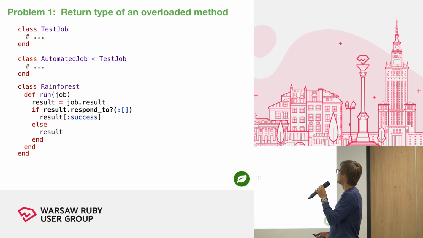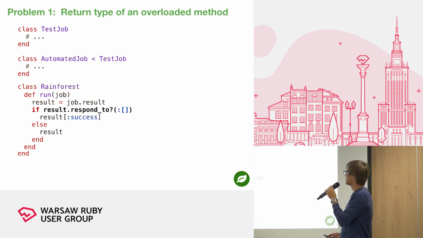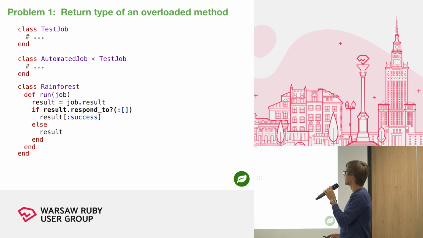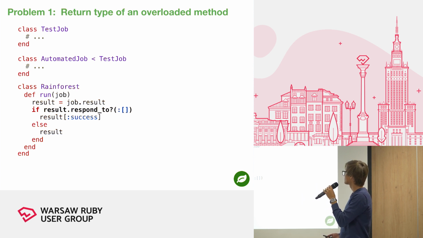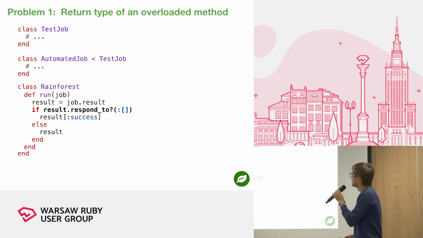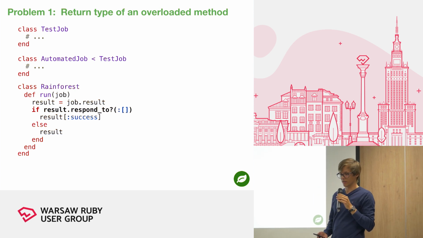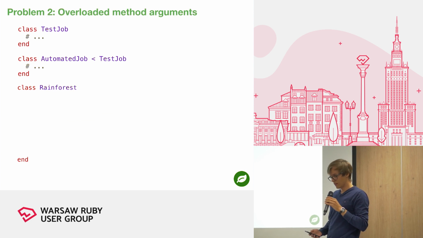And it turns out the run method is accepting a job argument, but one of the job types is overriding the result method. So we have to check whether the return value is actually what we expect based on the type that we pass into the run method.